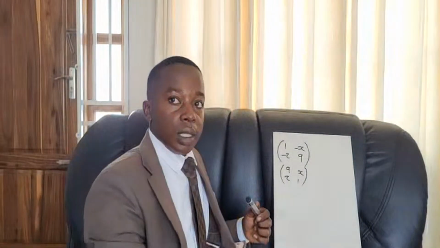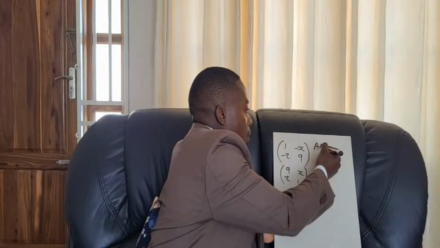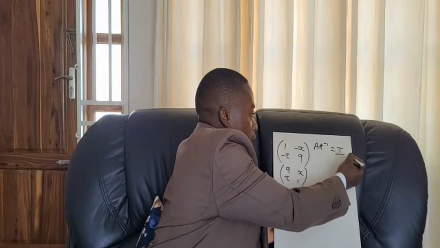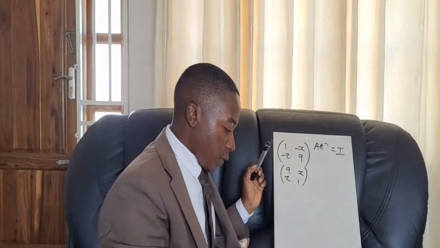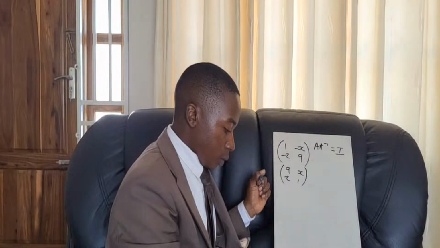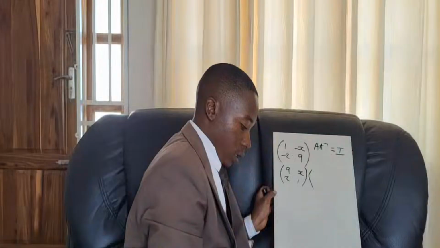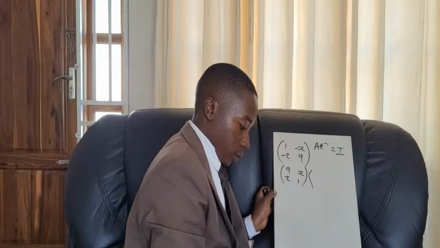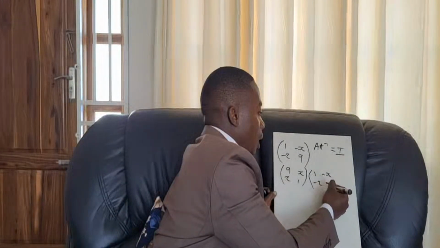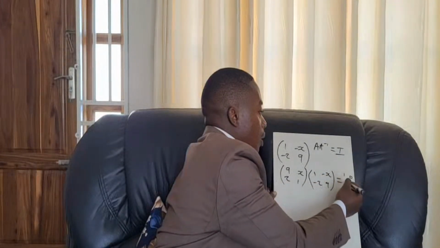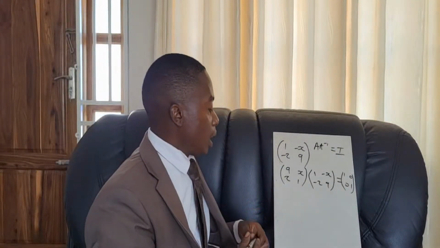Remember, a matrix times its inverse gives us the identity matrix. So this is the inverse of that, and this times that should give us 1 0 0 1. A matrix times its inverse gives us the identity.